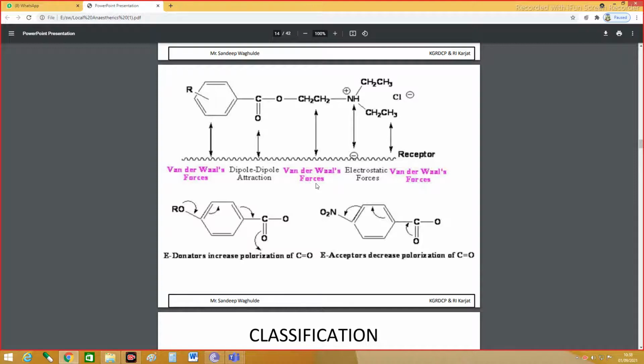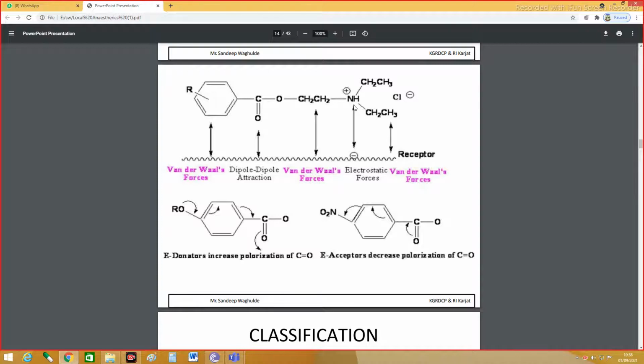Then for the terminal carbon we have a hydrophilic center, here a dialkyl amine, and because of salt formation it will be a positively charged ion. When we consider this positively charged ion, on the receptor we need some kind of forces that can attract positively charged ions.